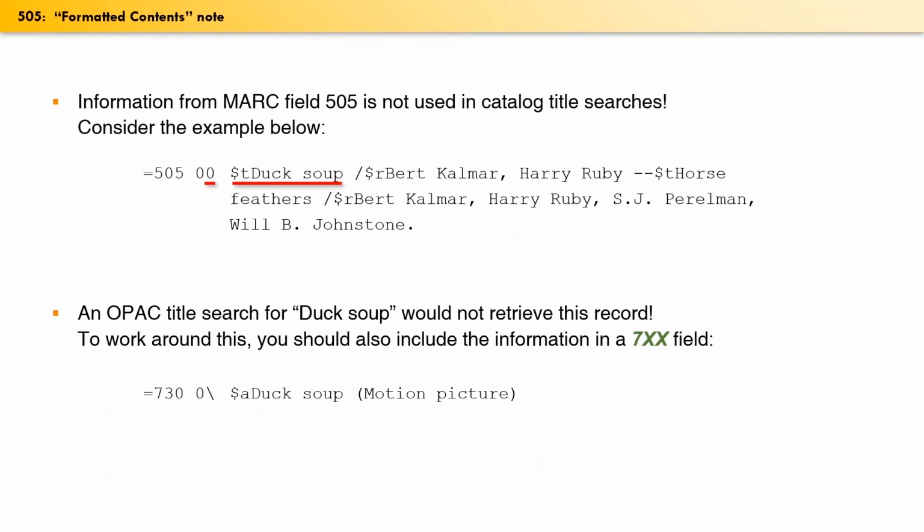To work around this, you need to create an entry in one of the relevant 700 fields. In this case, we use a 730 field, that is, add an entry for uniform title. That way, if somebody searches for title using Duck Soup, it gets pulled up, no matter what.